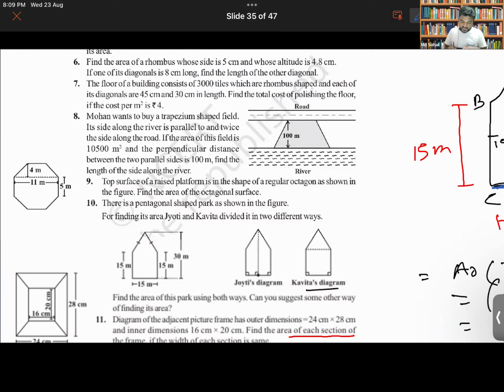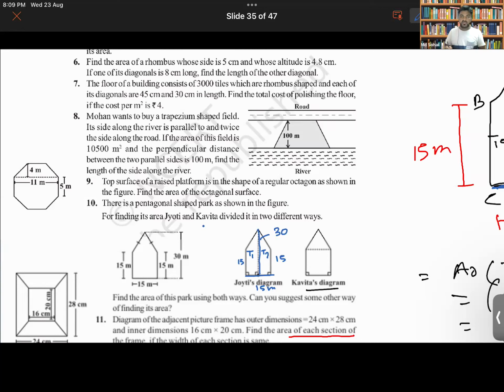Jyoti's diagram is like this, in which she has divided the figure into two trapeziums, trapezium 1 and trapezium 2. So here it's 15 meter, here 15 meter, here also 15 meter, while this common side was 30 meter.